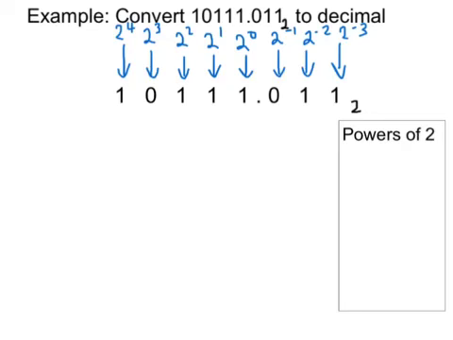Let me recall for you powers of 2. I won't write them all down, but I'll just recall a few for you. 2 to the power of 4 is 2 multiplied by itself 4 times. So it's 2 by 2 by 2 by 2.